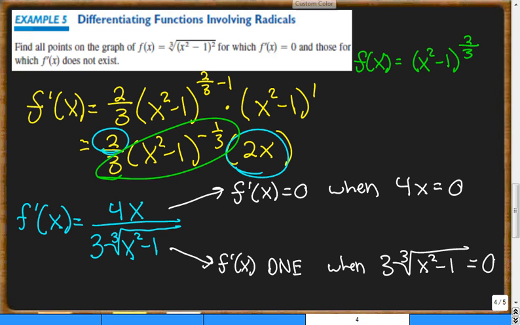So let's find the places that this happens. Well, this is when x is 0. This one over here, you can do some solving out, but you should find this is when x equals positive or negative 1. So these are the 3 places that you're going to have issues with in your problem, where f prime of x doesn't exist or f prime of x equals 0.